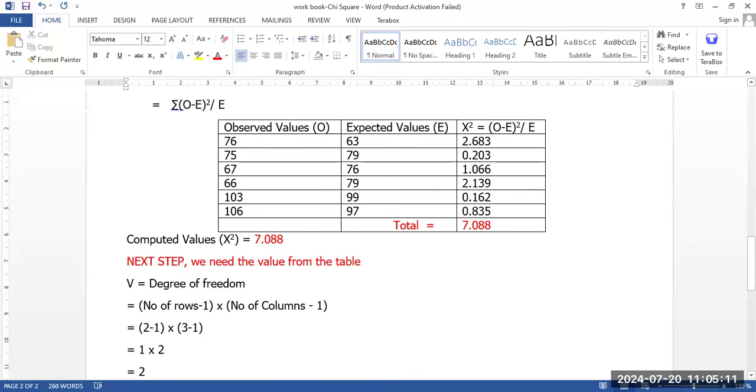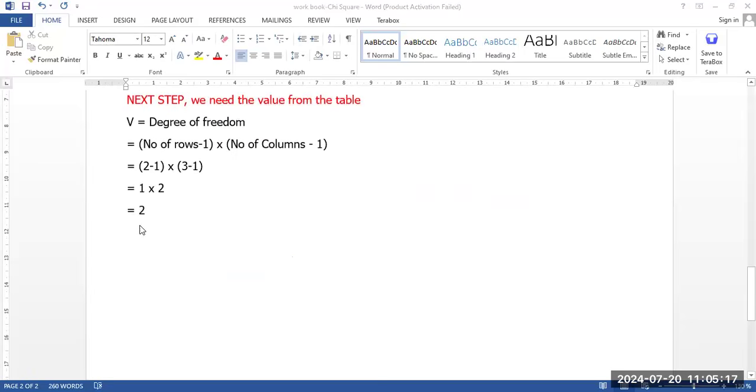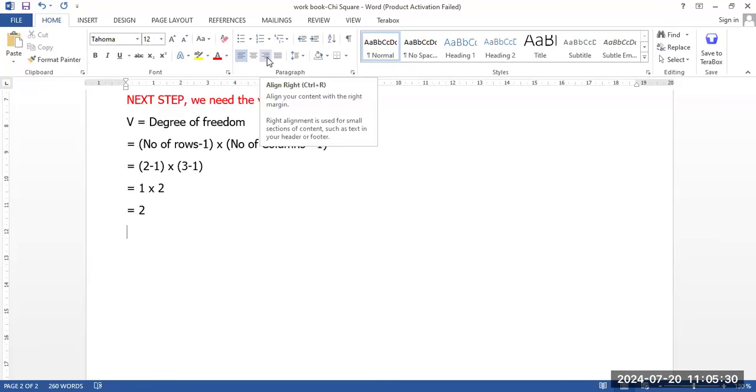Any question about how we get V? Now, the next step is to see our level of significance.